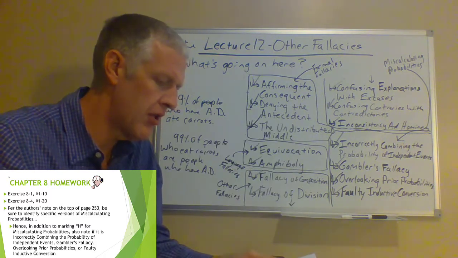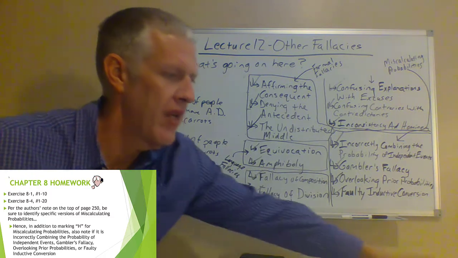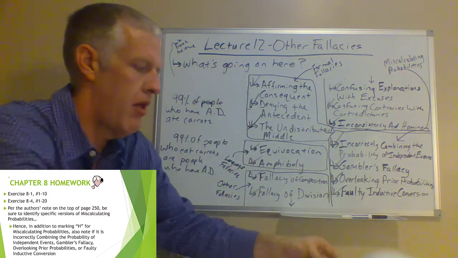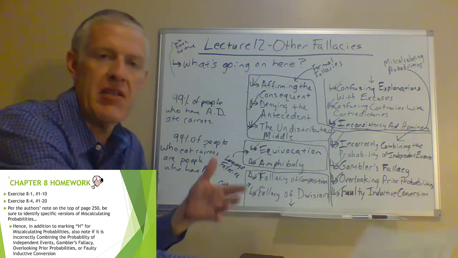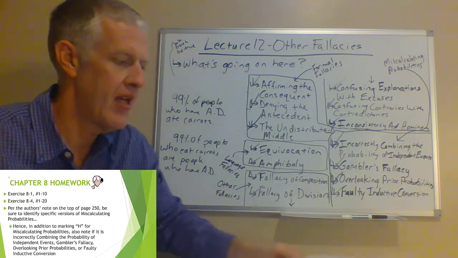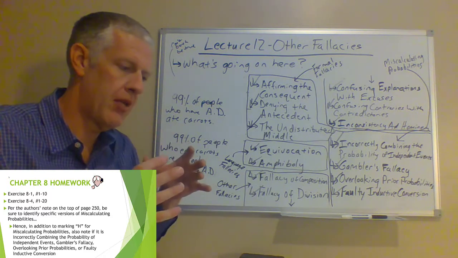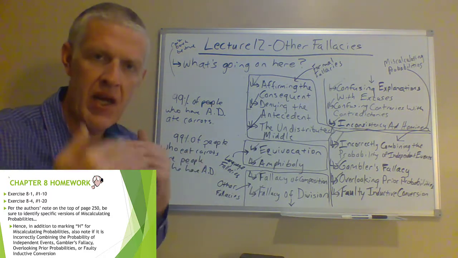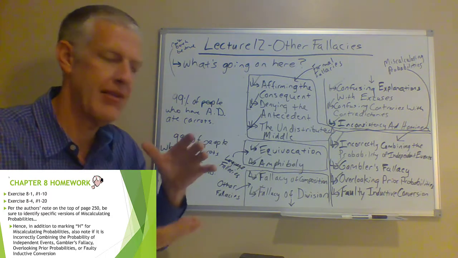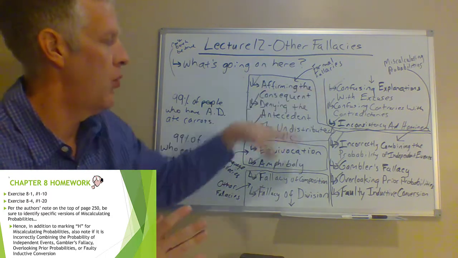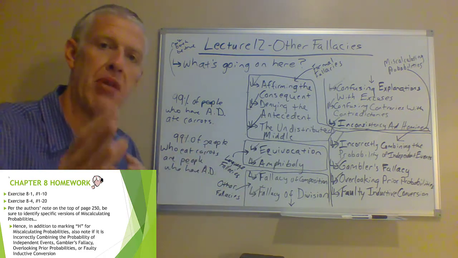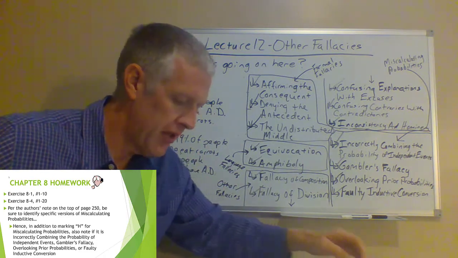I did want to mention that I try to give you an idea of our labels and how they match up with the homework in the back, because it's very similar to the previous two homework assignments, where you read something, at least for the bulk of your homework. In exercise 8.4, you're reading a passage and then trying to identify which of the fallacies we talked about in this chapter or in this lecture best applies. They give you a list there.